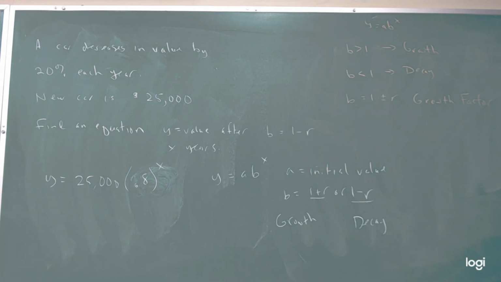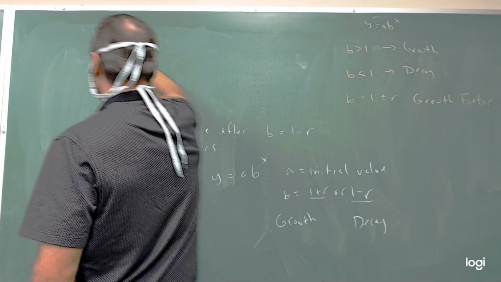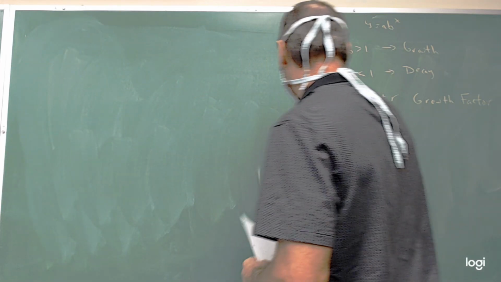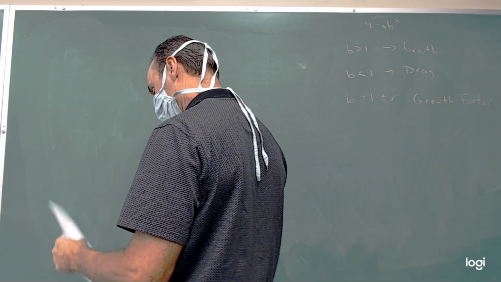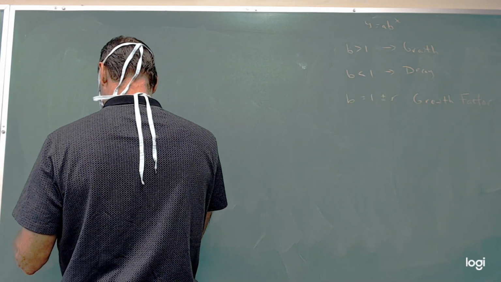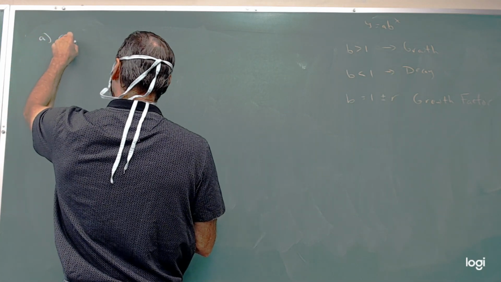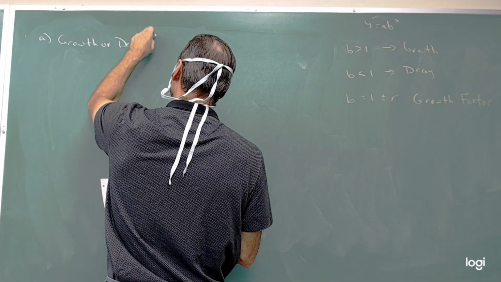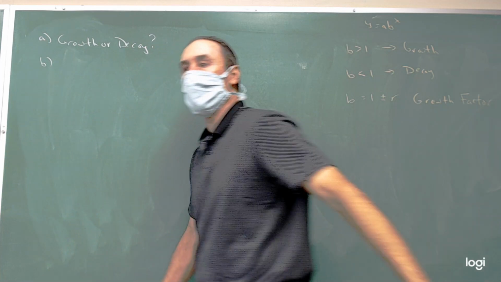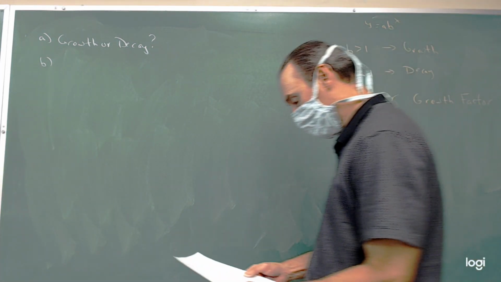All right, so I'm going to give you some equations and ask you some questions about them, just to make sure that we can understand how the different pieces work together. So first, is it going to be a growth or a decay? And be prepared to say how you know that. Does the equation that I'm going to give you represent an exponential growth function or an exponential decay function?